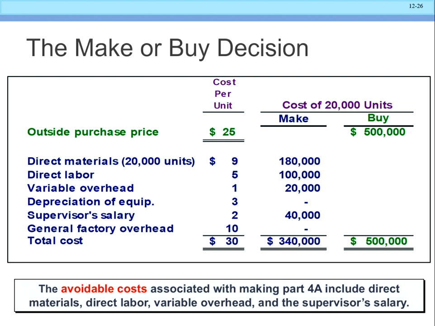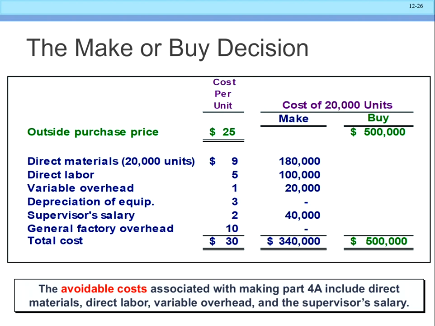So you can see that the decision that we have made, on the face of it, our cost of production is 30, but the 30 includes depreciation, which cannot be changed. It also includes factory overheads, which cannot be changed.